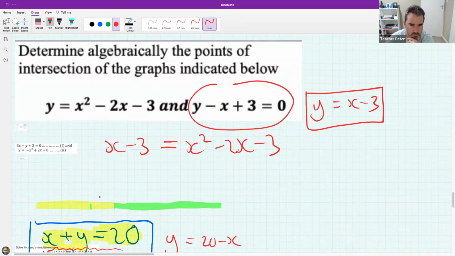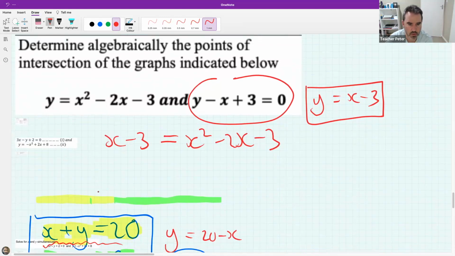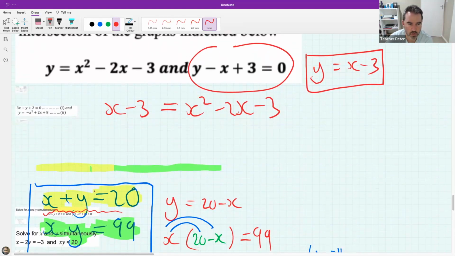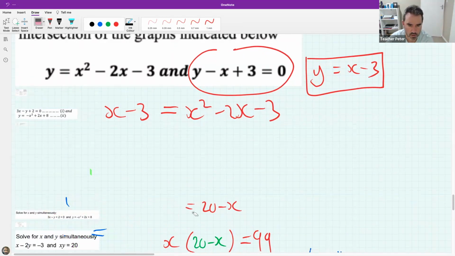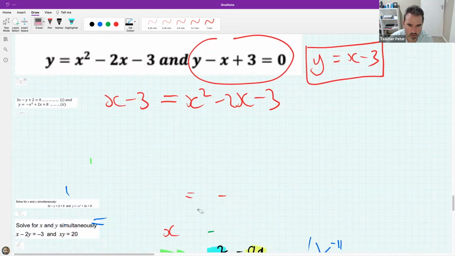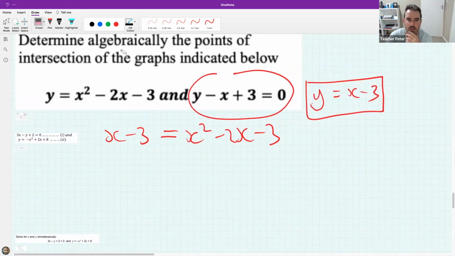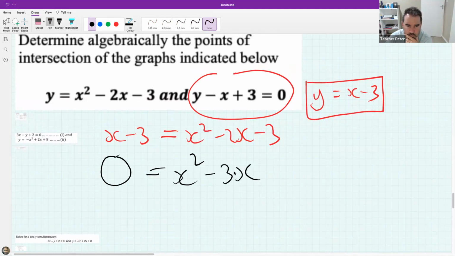Let me get rid of some of the stuff here. So if I bring this across, I get minus 3x, and then minus 3 plus 3.